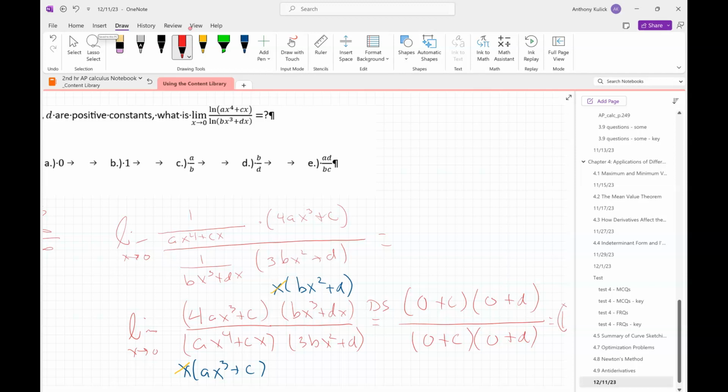Should be 1. I saw so many of us just L'Hopitaling like 3, 4, 5 times, and I just felt really bad. Just like, oh, guys, it was right there for you.